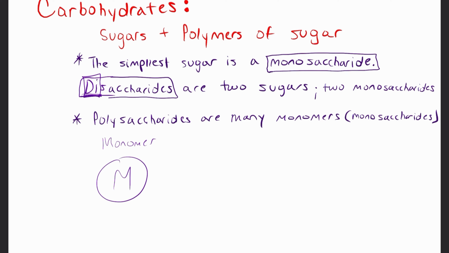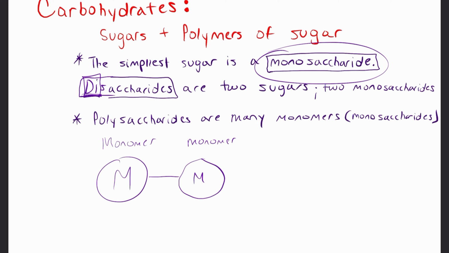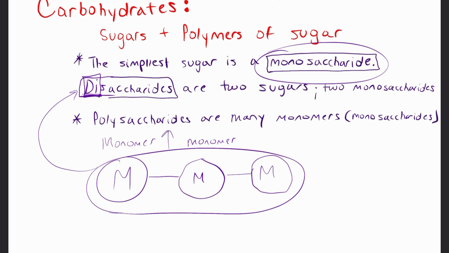And we want to form a disaccharide. It would just be two monomers, or two monosaccharides, together to form this disaccharide. Now, if we were to add another monosaccharide here, we would have something called a polysaccharide, right? So now we have a polysaccharide. Two monomers, disaccharide.